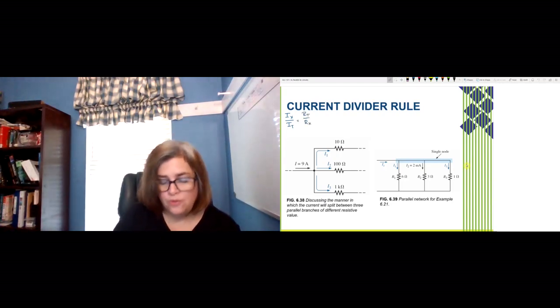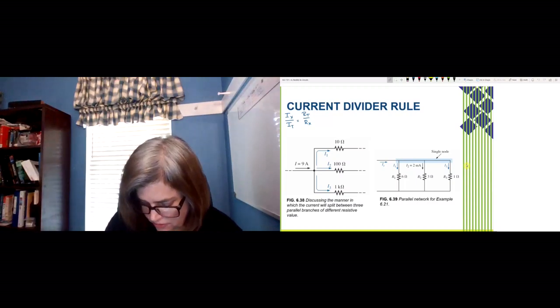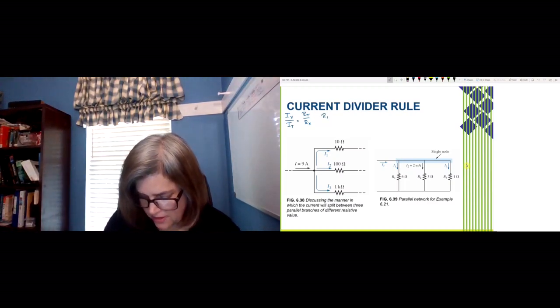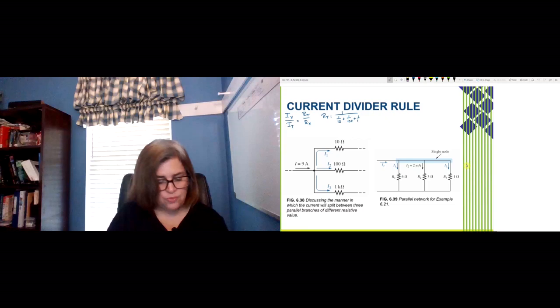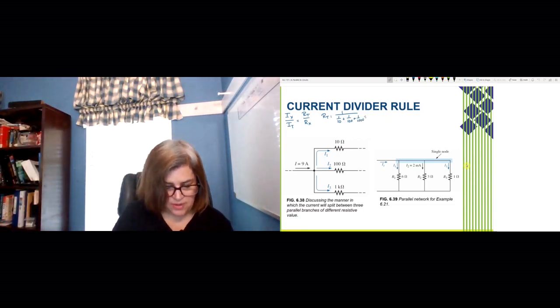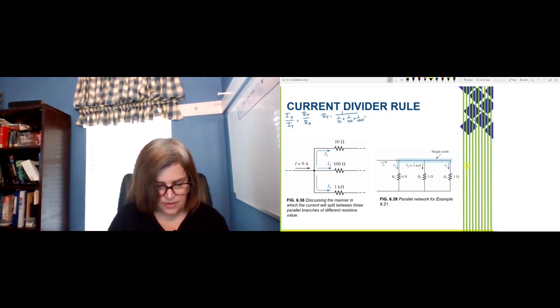Okay, so what we need to do is find RT first. And in this case, that's 1 over 1 over 10 plus 1 over 100 plus 1 over 1,000. The total resistance should be about what? If you said less than 10, you are right.